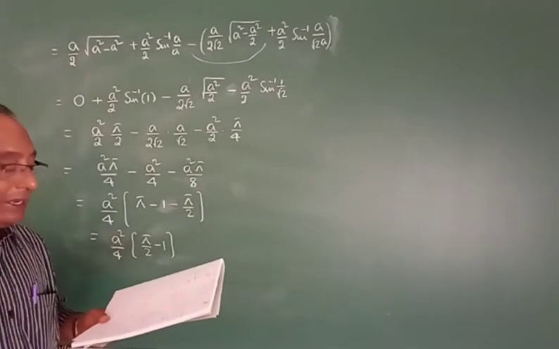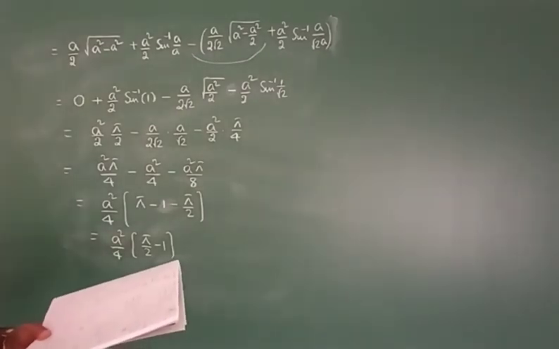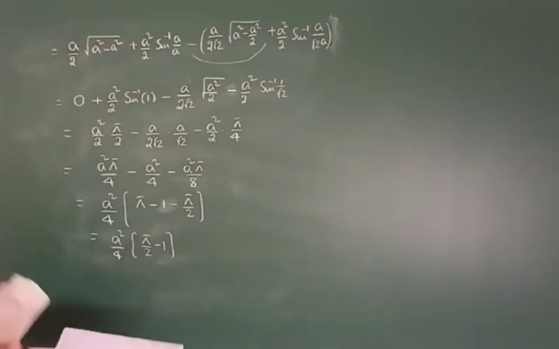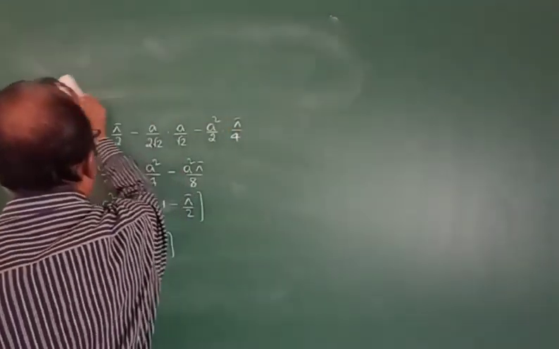The area between x is equal to y square means y square is equal to 4ax, right-handed parabola. Everyone see the 8th problem.